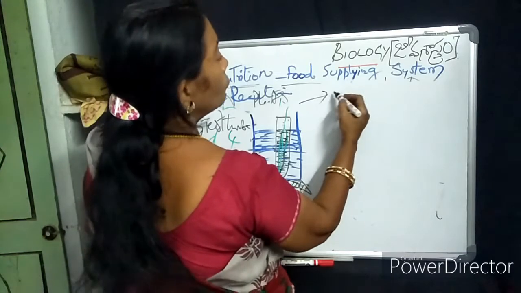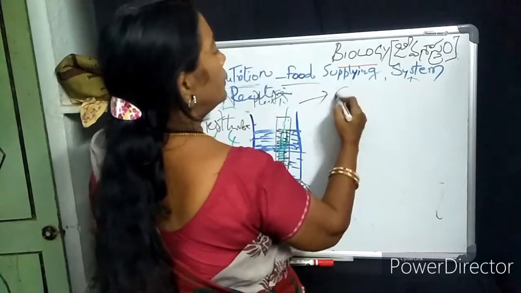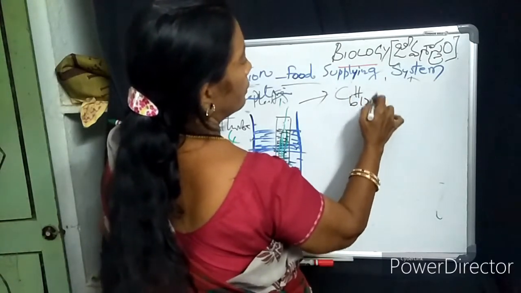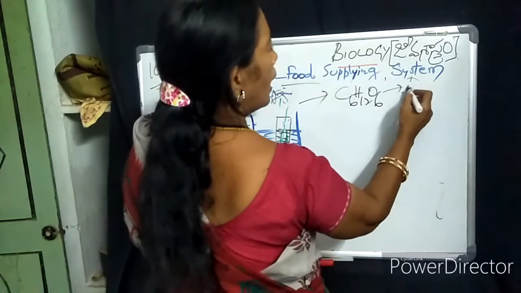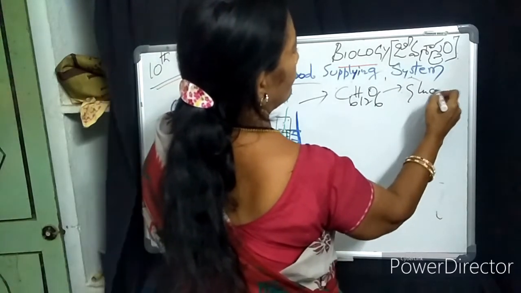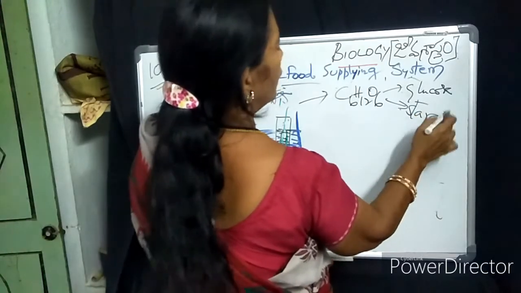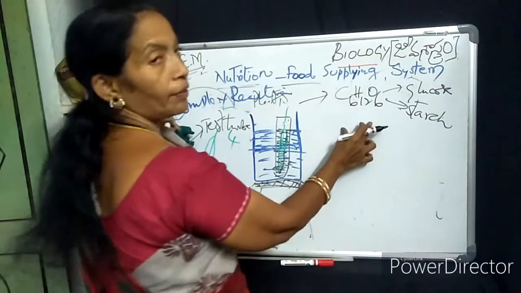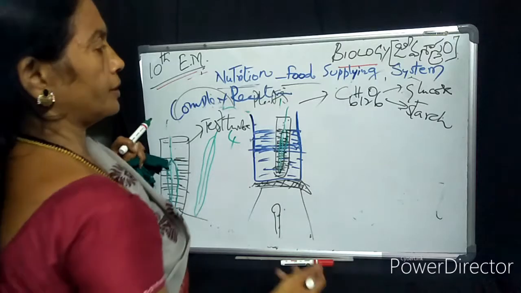The end product we are testing is the carbohydrate, C6H12O6. We call it glucose, and afterwards this glucose will turn into starch. First, in glucose condition, it is prepared in the leaves while they undergo photosynthesis.